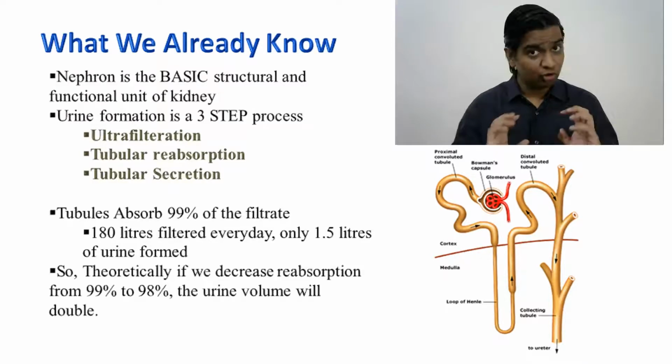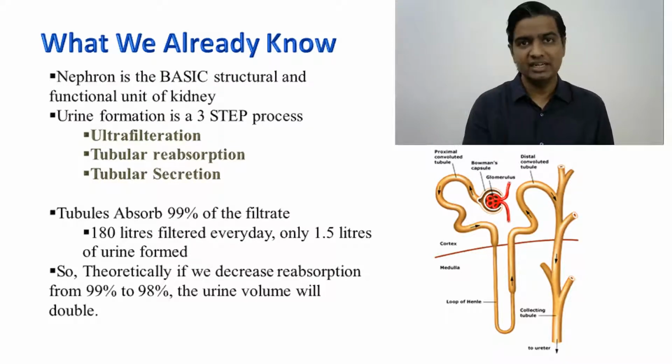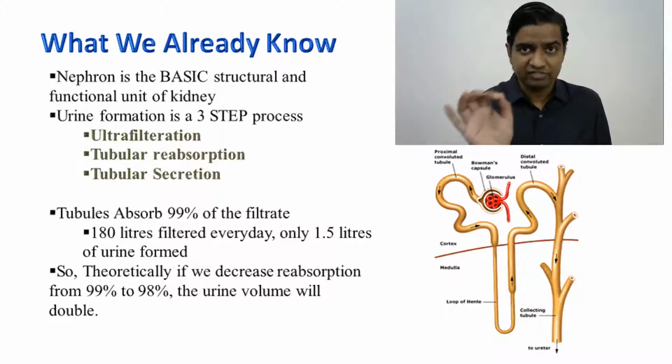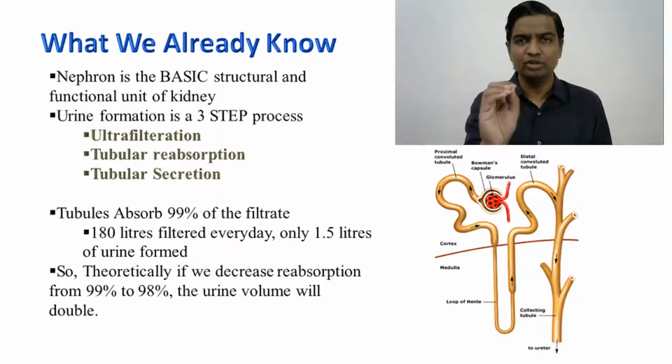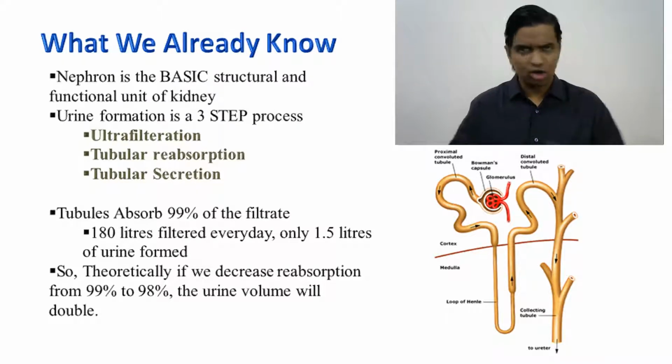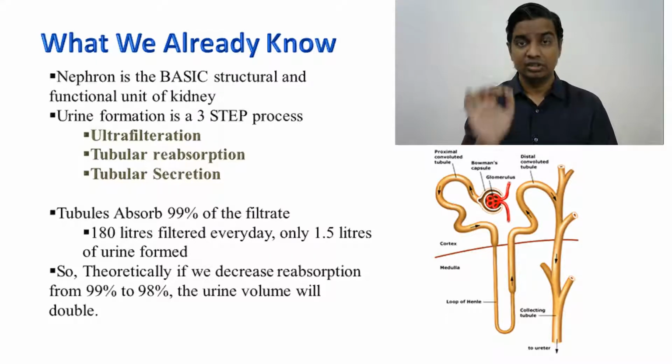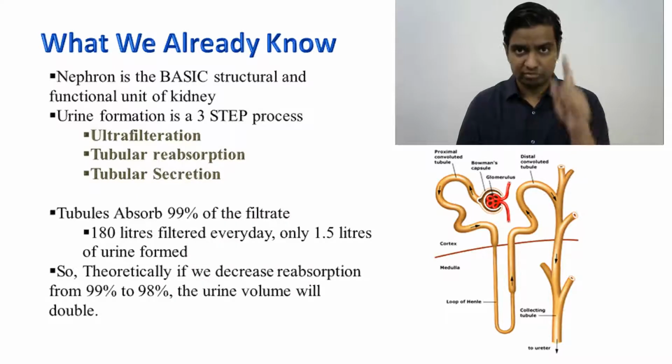Now, I want you to imagine making a medicine that does not affect glomerular ultrafiltration, does not affect tubular secretion, it directly affects tubular reabsorption. And not by a big margin, we are trying to decrease the reabsorption by 1% or so.